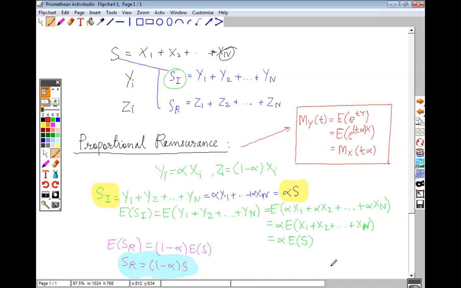Do let me know if you have any confusion with what I just wrote on the board. Any doubts? So again, I have just used the fact that my alpha is just a constant.